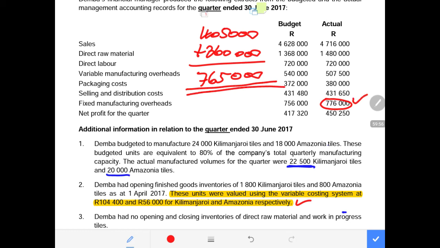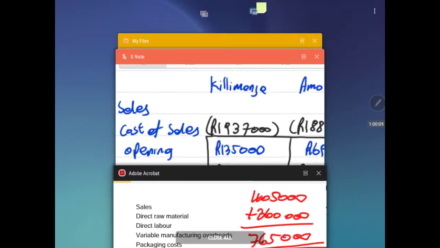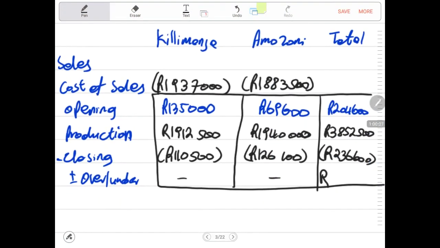So this should be increasing the cost of sales. Remember, increase in the cost of sales is the decrease in the gross profit. So the 11,000 should be increasing the cost of sales, which will be a decrease in our gross profit.